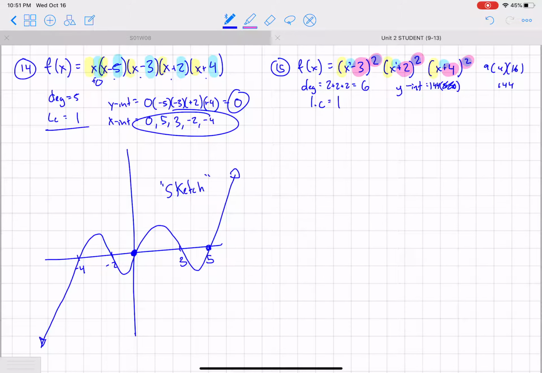All right. Next up, x-intercepts. Those are way easier. We just take the opposite of what's inside those parentheses.